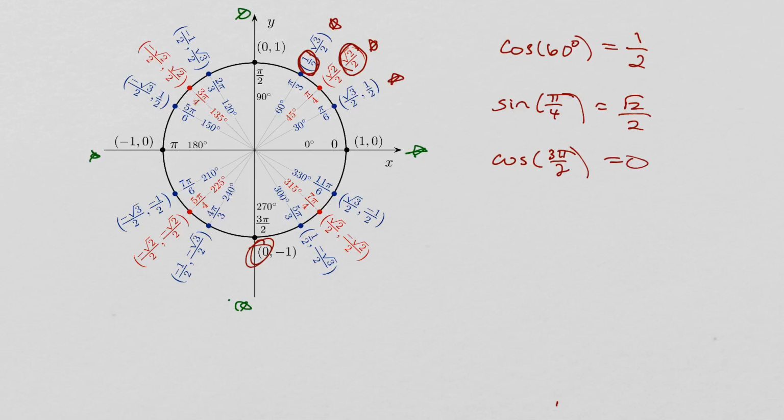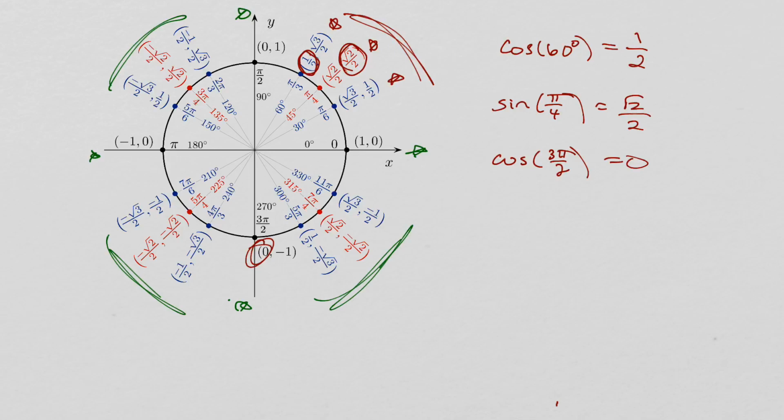All right. Now, the reason I want you to know those values is if we have just these 3 values right here in this first quadrant known, we can use those to generate these values, and even some other ones as well. Okay.